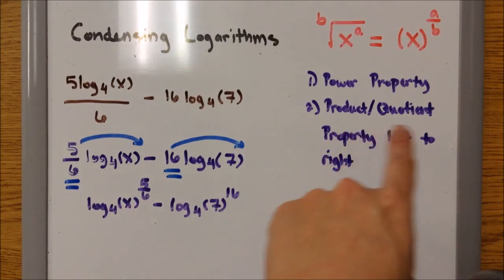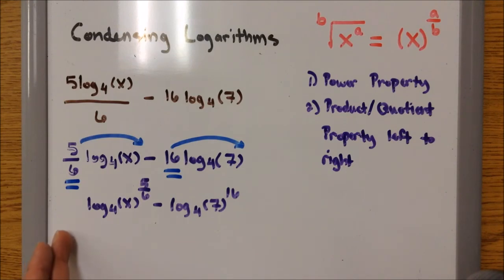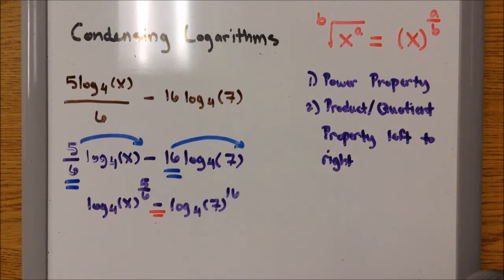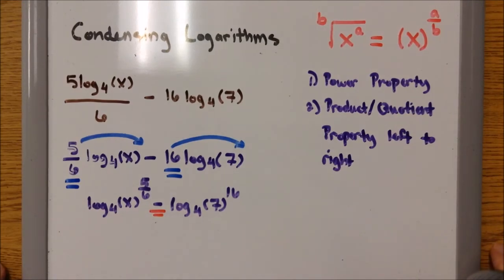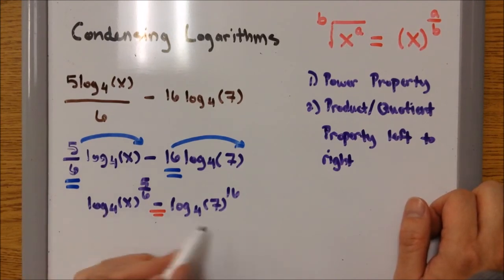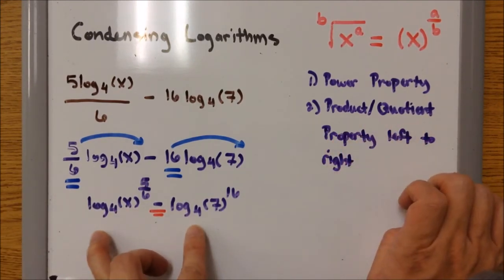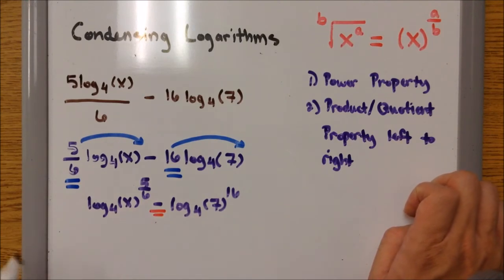Now, we do product quotient property from left to right, so as I'm looking from left to right, I see there's a minus. So that means it's going to be a quotient property. So we're going to have a fraction as our answer. So we're going to write log base 4, because again, in order to do product quotient property, the log bases have to be the same.